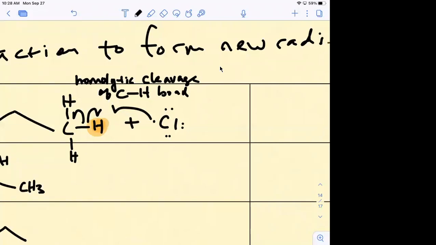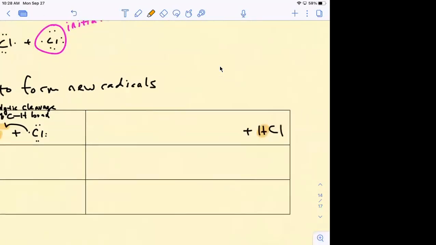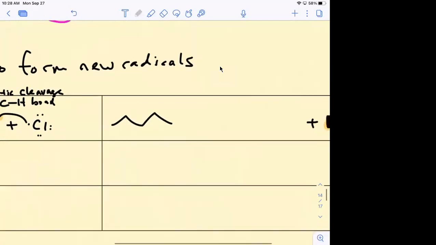So chlorine is pulling off H dot, right? So there's a bond being made between these two. That's why I get the HCl on the other side. All right, so then what I'm left with is this radical. Let's make sure I got the right amount of carbons. I don't want to add any carbons.